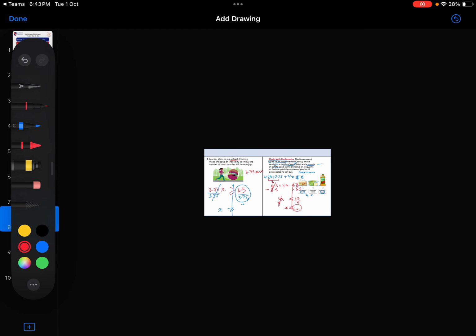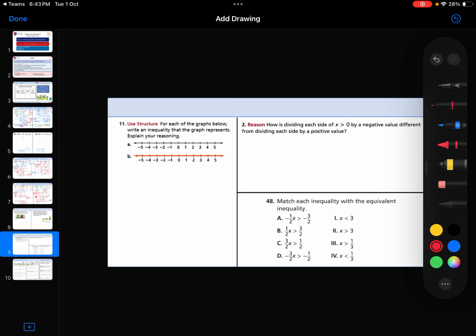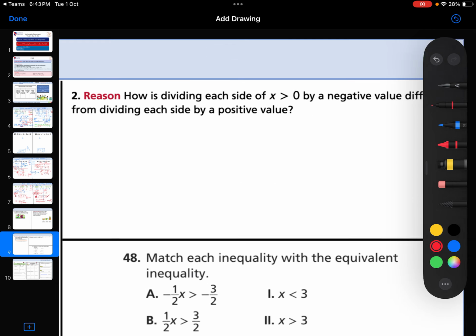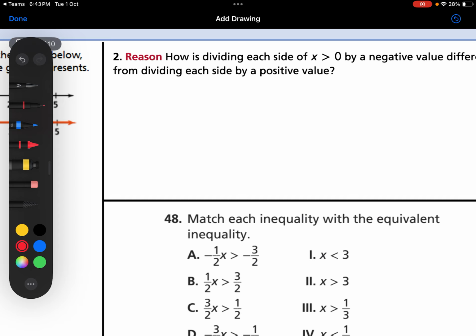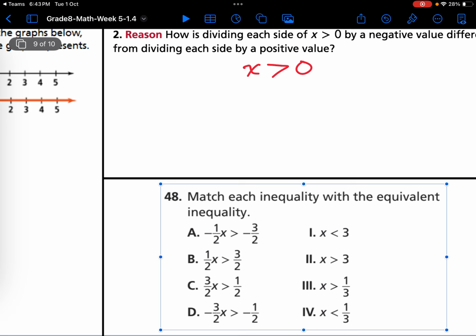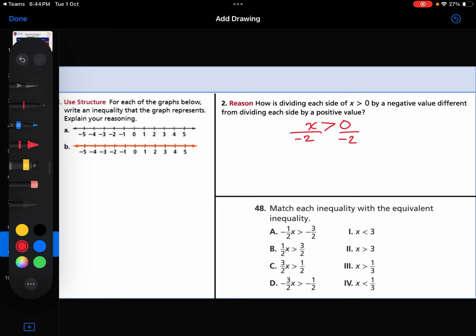Okay, that's it. Let's see this question. We're only going to solve these questions and that's it. Here, how is dividing each side of x more than 0, so you have this inequality, x more than 0, how is dividing both sides by a negative number, let's say divide by -2, different from dividing it by a positive value?